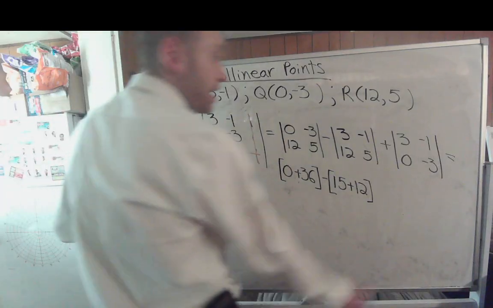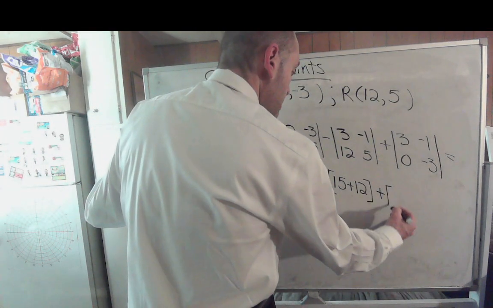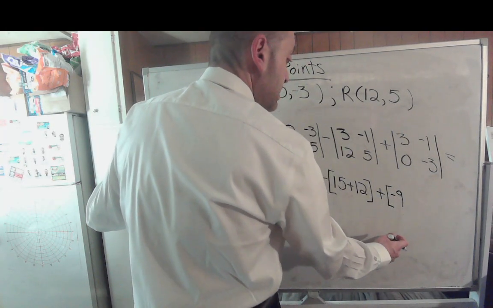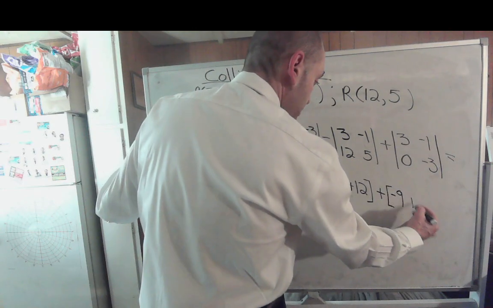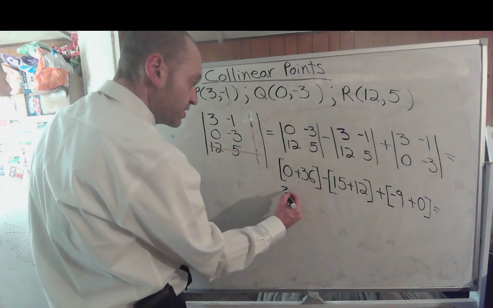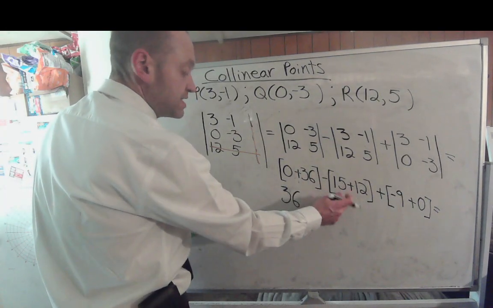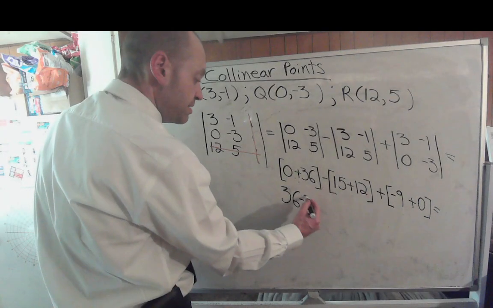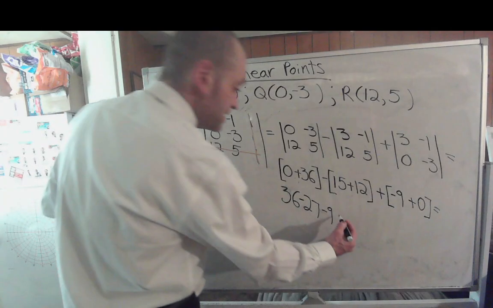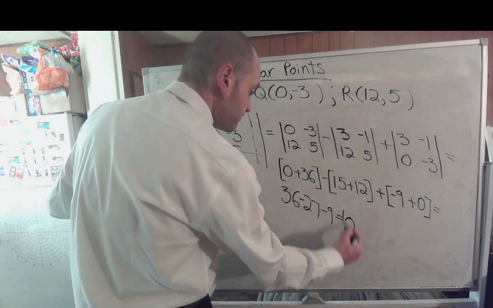And then you end up having your final determinant, 3 times -3 is minus 9, minus -1 times 0, that's plus 0. So if we simplify this, you'll end up getting 36 minus that 15 plus 27. So that'd be minus 27 minus 9. You get 9 minus 9, which equals 0.